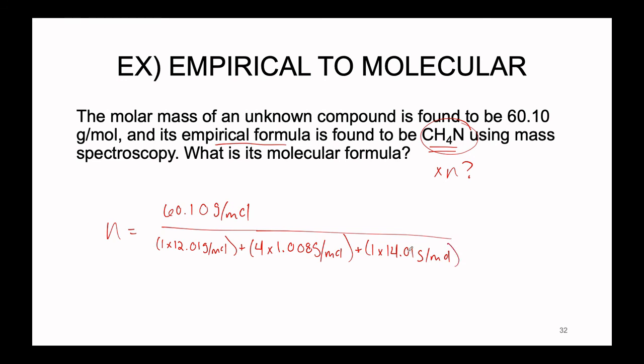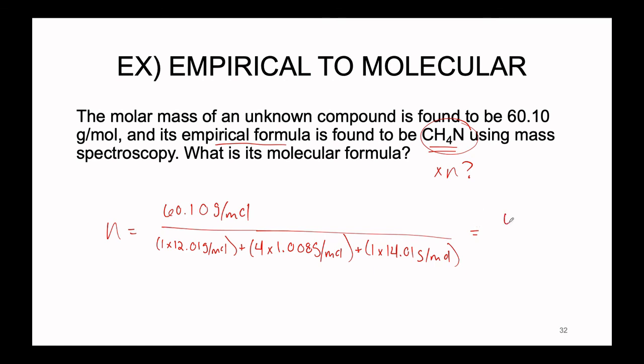So we can see that the denominator is comprised of a bunch of different pieces. You could just calculate this empirical molar mass outside of the denominator and then insert your answer. Either way should work, so long as the unknown's total molar mass is up on top and your empirical formula's is down below, you should come up with some type of whole numbered factor.